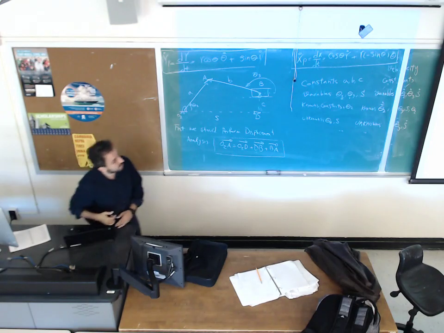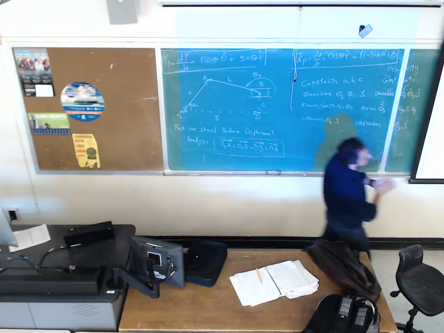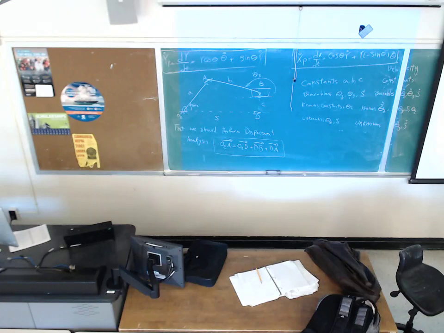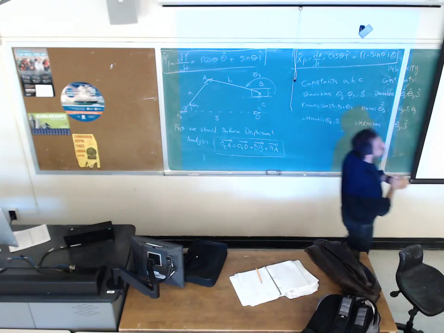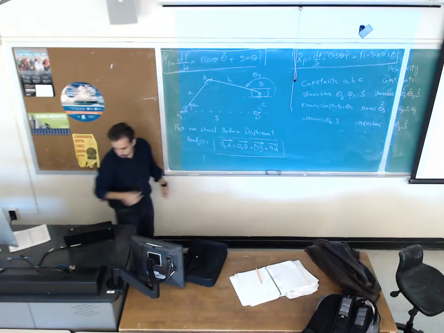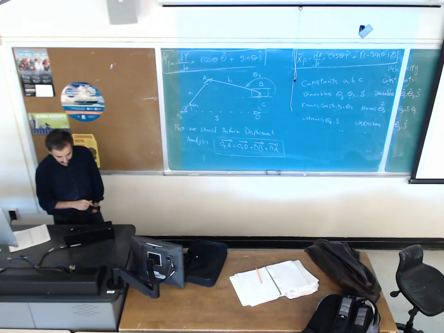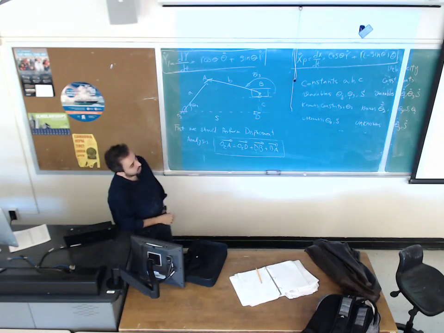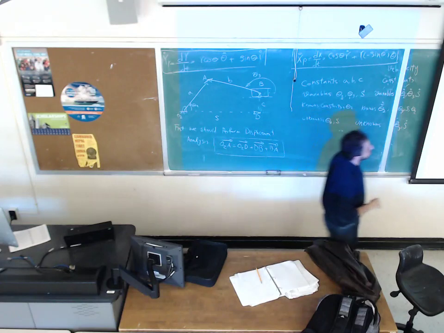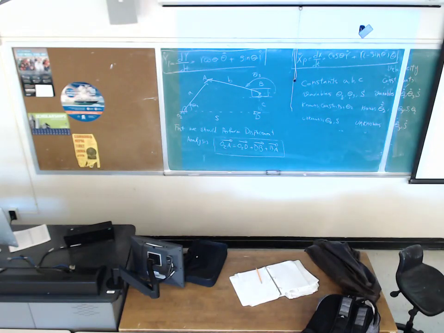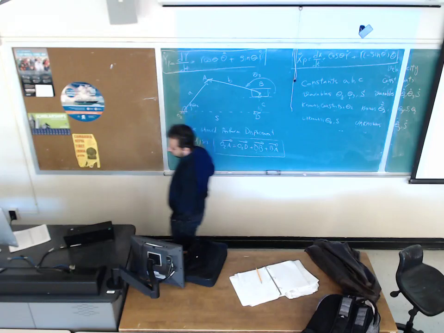Differentiate both sides, and I will ask a couple of you to come to the board and write the velocity equation. Differentiate both sides of the displacement analysis just for the x component, and find the equation for the x component.